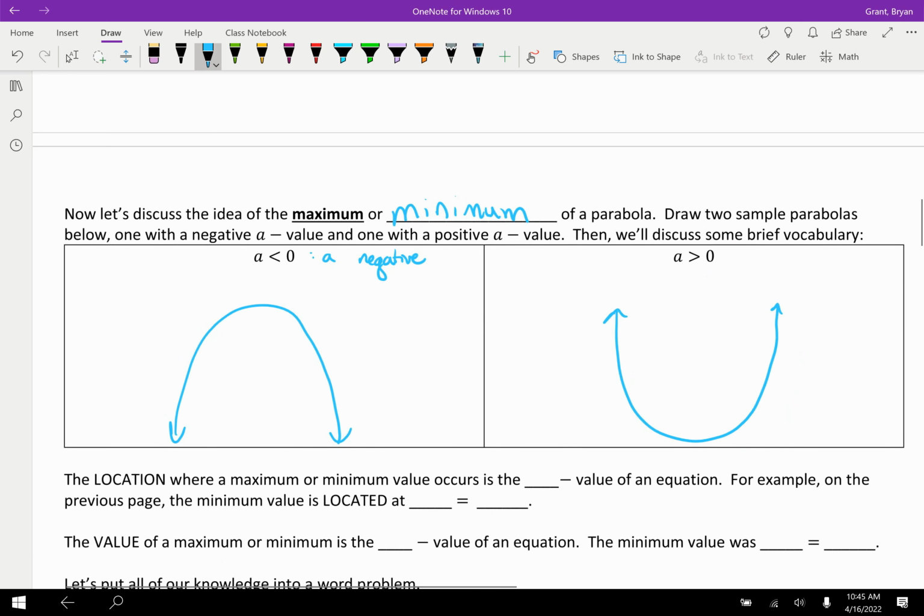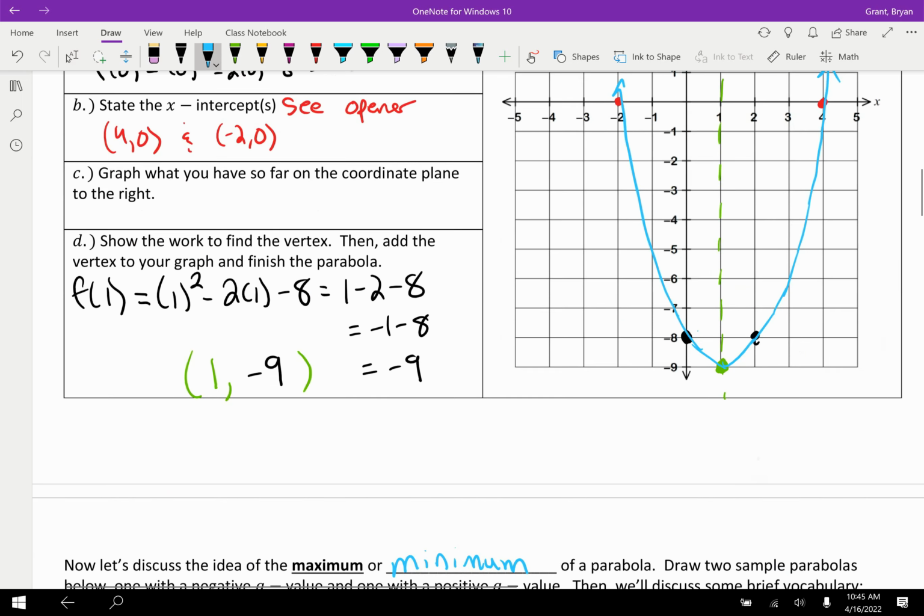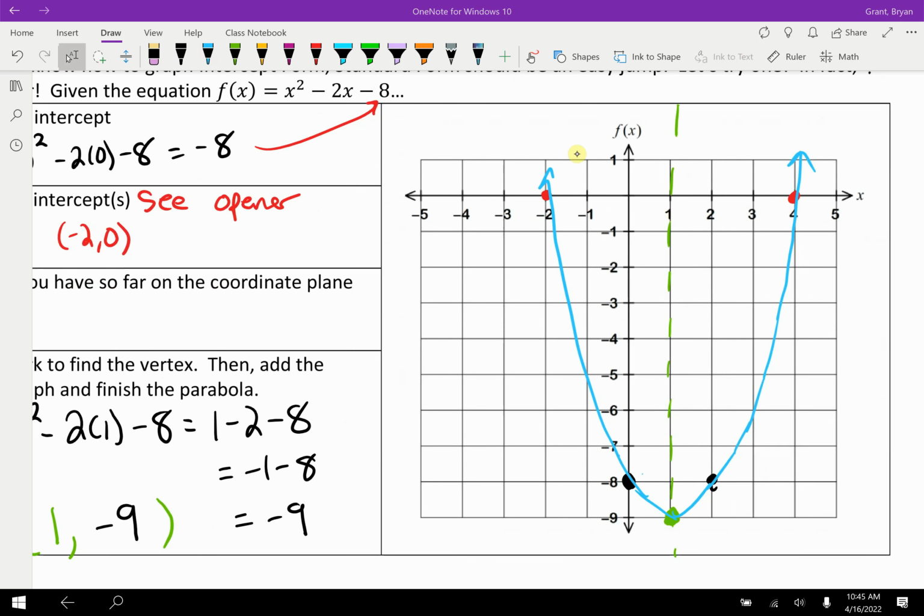Okay, now the location where a maximum or minimum value occurs is the x value of an equation. For example, on the previous page, the minimum value is located where? Well, on the previous page, we have a parabola. Where's the smallest or the most minimum value on this parabola located?